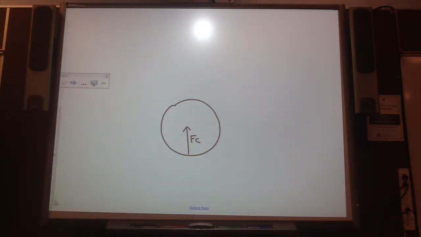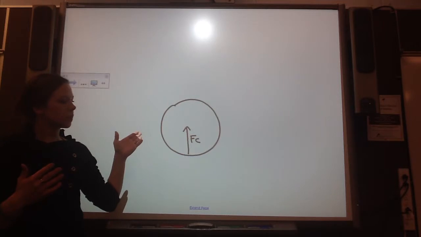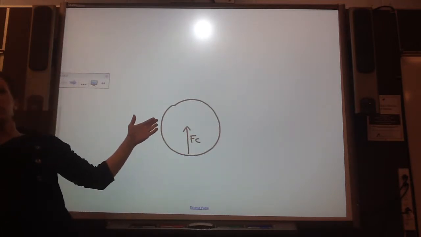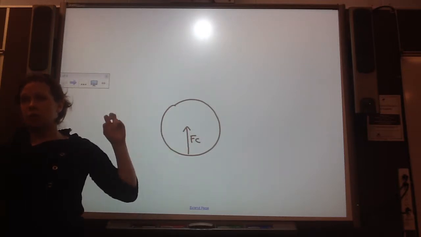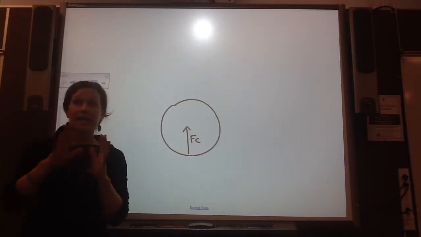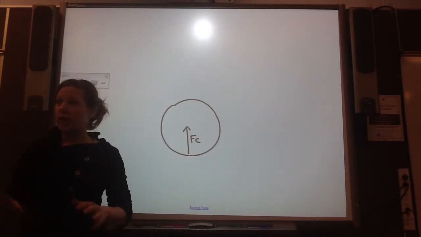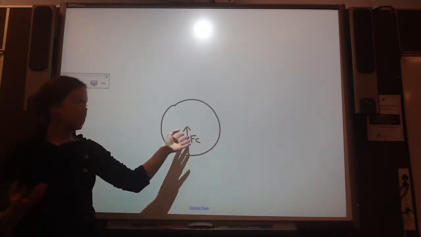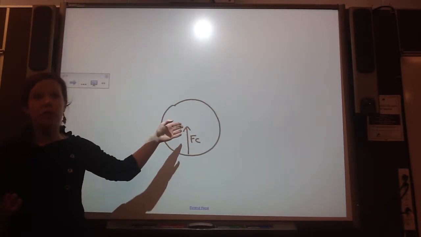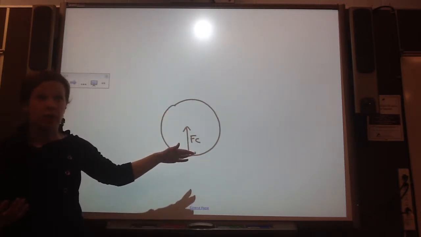But when we think about what we experience in circular motion, we feel pushed to the outside, right? That's our centrifugal force, which actually isn't a real force. It's a resultant reaction from this force. For every force there is an equal and opposite reaction.